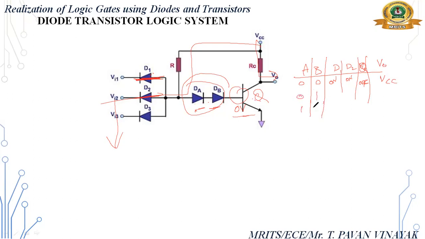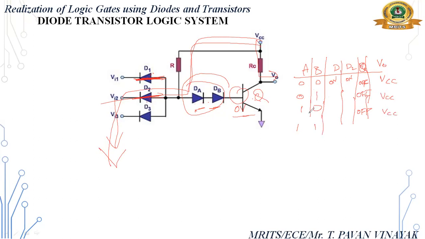Similarly for 0 1 and 1 0. When any one input is 0, it will be closed, so VCC will come to ground, Q will be off, so the output is VCC.